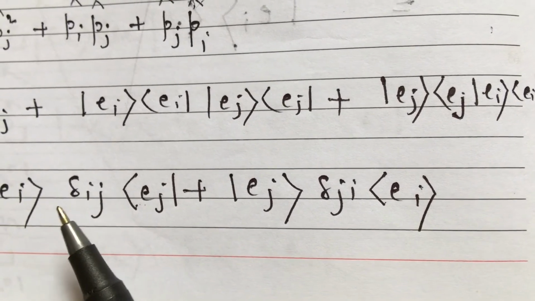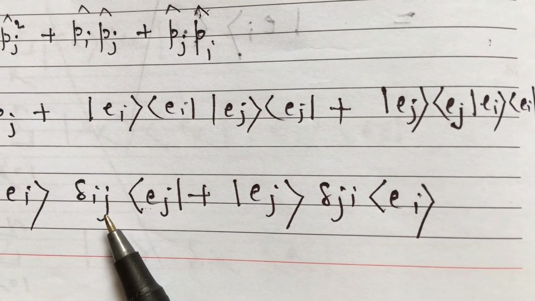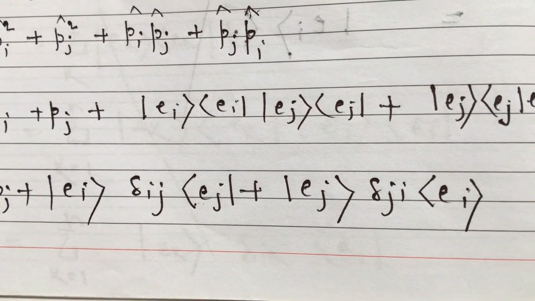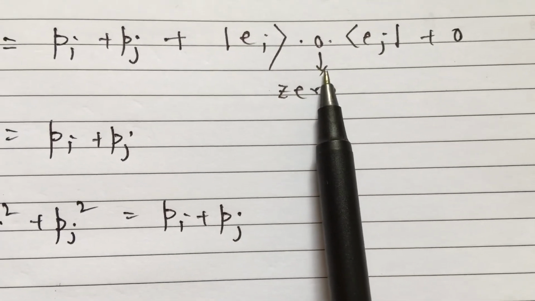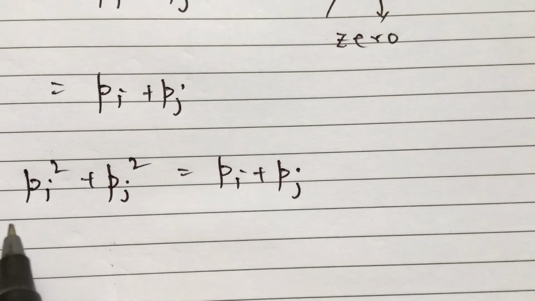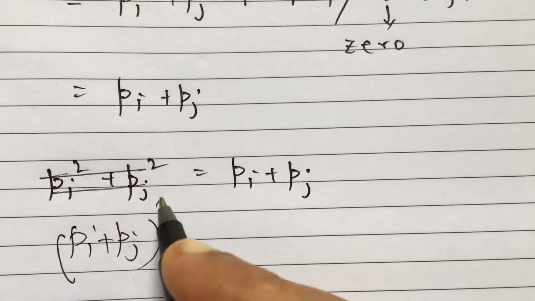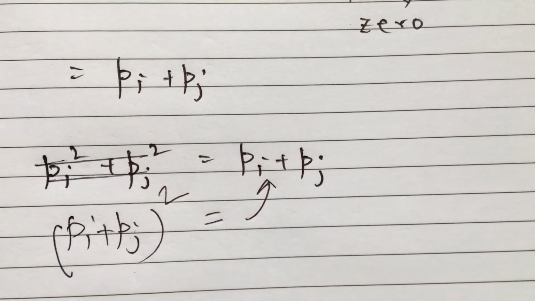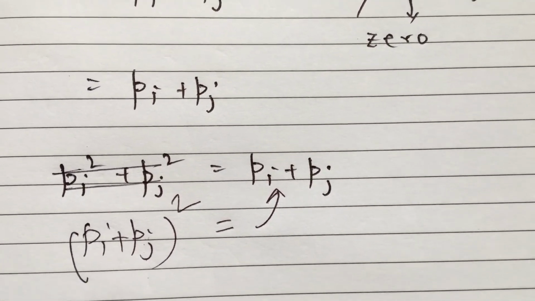And if I is not equal to j, which is given here in the problem for the second case, this turns out to be 0. So this third term and the fourth term will vanish. Here I am using the property of Kronecker delta. So I am left with Pi plus Pj, which means Pi plus Pj whole square equal to Pi plus Pj, which is the definition of the projection operator. So I have proved that Pi plus Pj is also a projection operator.